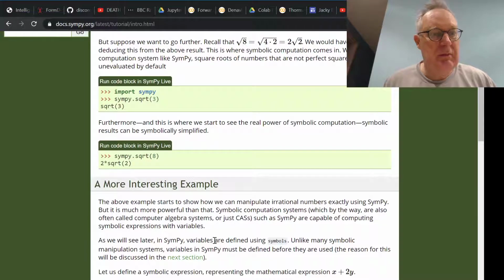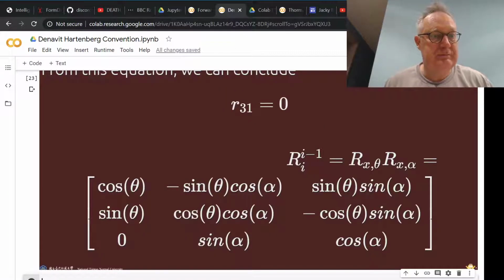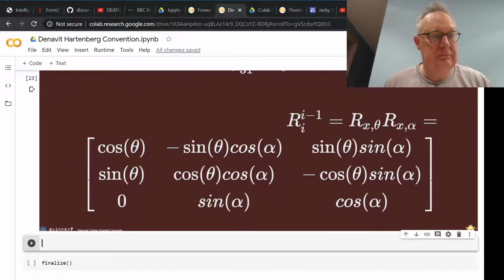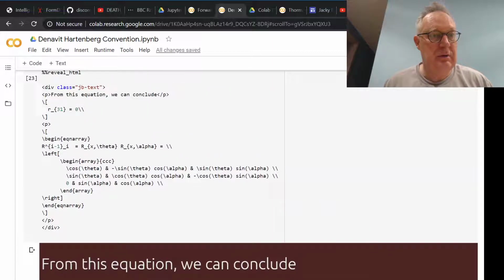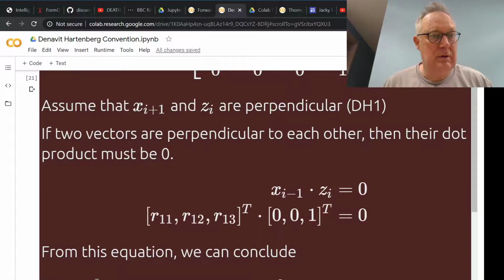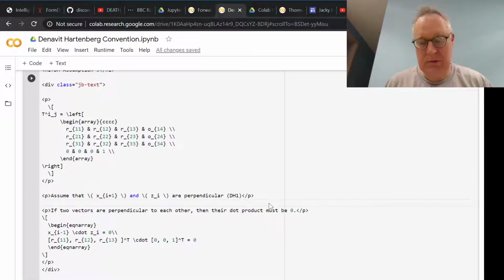Now let me remind myself how we define variables. So that would be theta and alpha. How come my SymPy is gone now?